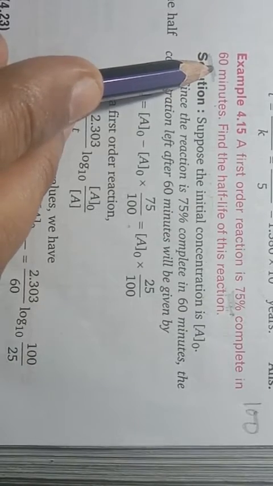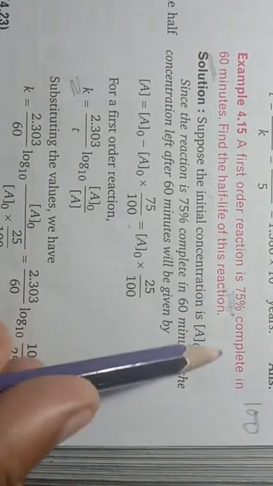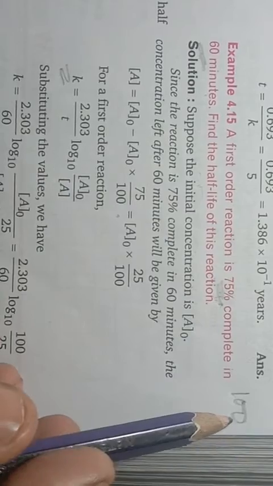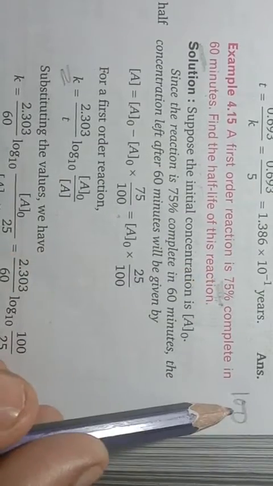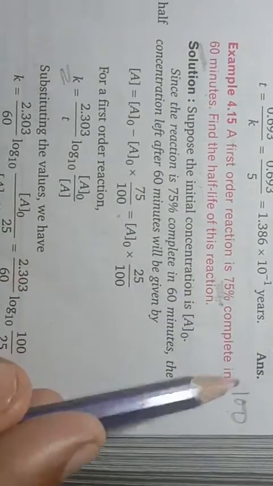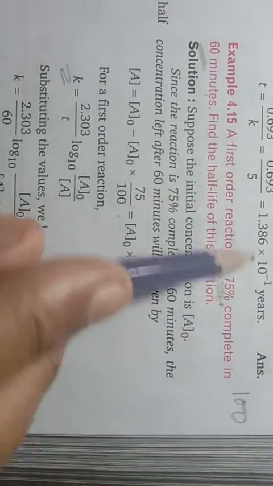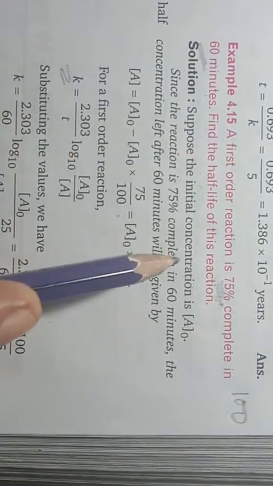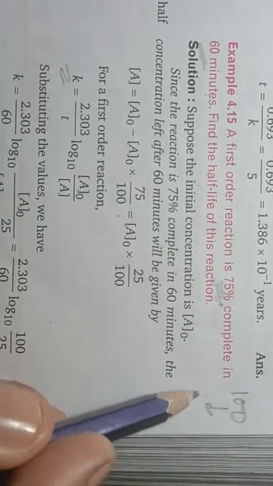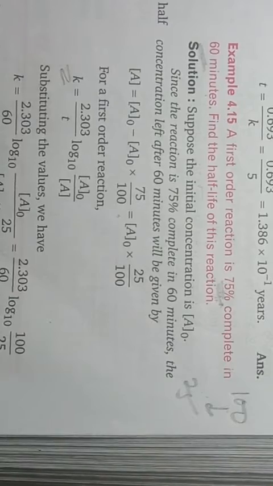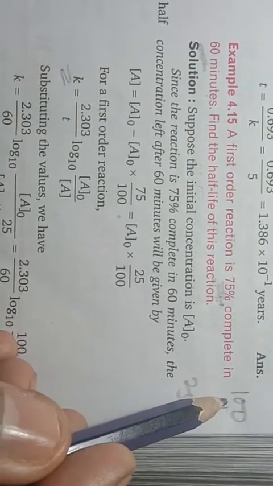Okay, students. If we take the initial amount as 100, 75% completed means 75% of the reactant is changed into product. So how much reactant is left in that condition? It will be 25%, or 25 part of 100.